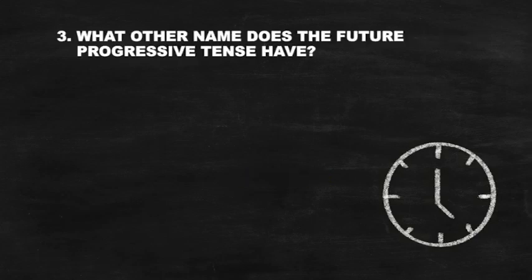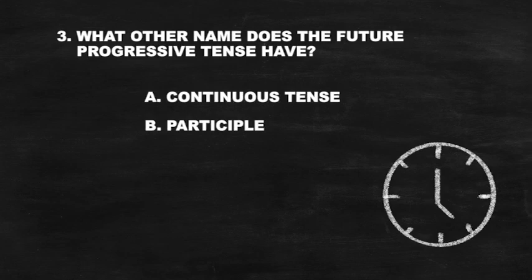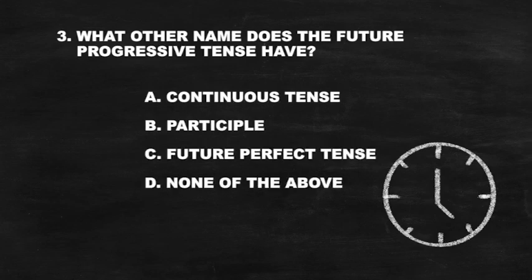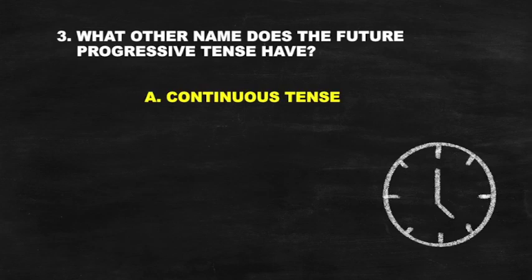Question 3. What other name does the future progressive tense have? A. Continuous tense. B. Participle. C. Future perfect tense. D. None of the above. The correct answer is A. It is sometimes called the continuous tense.